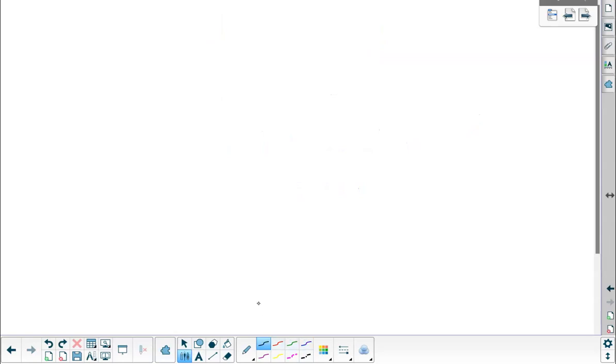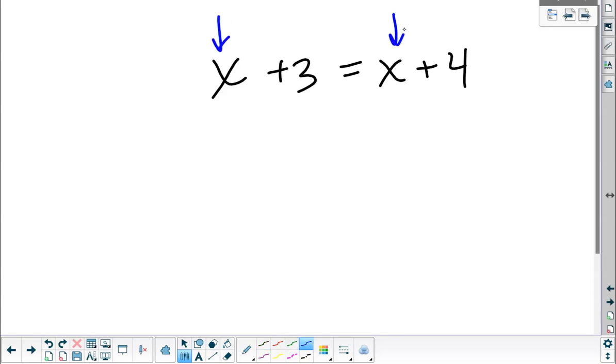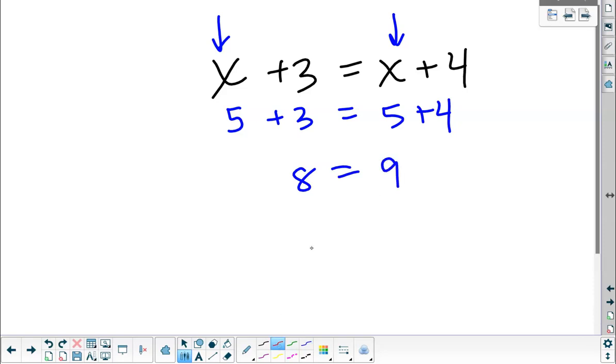And if I had x plus 3 is equal to x plus 4, and I had to substitute in the same number here, like let's say 5 plus 3 and 5 plus 4, well, 8 is never equal to 9. Right?